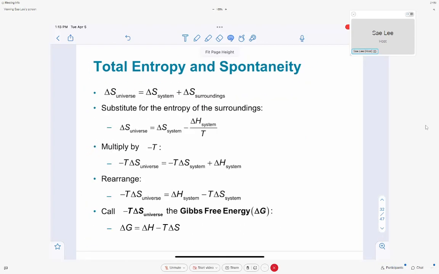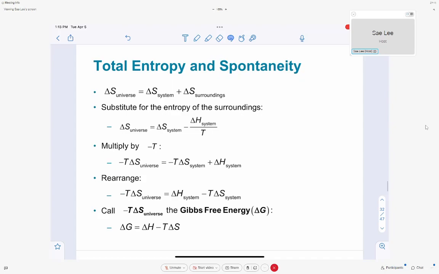So as you can see from the previous slide, the spontaneity of the reaction seems to involve both enthalpy and entropy.